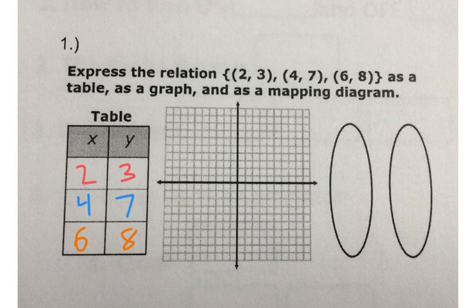Now let's put it on a graph. This is always a good review. So where's the point 2, 3? Over 2, up 3. Which way over? Right. I'm going to go right 2, and I'm going to go up 3. There is the point 2, 3. 4, 7 means we're going to go right 4, up 7.